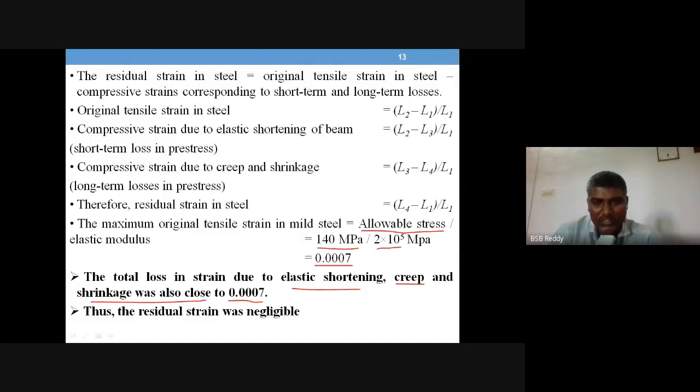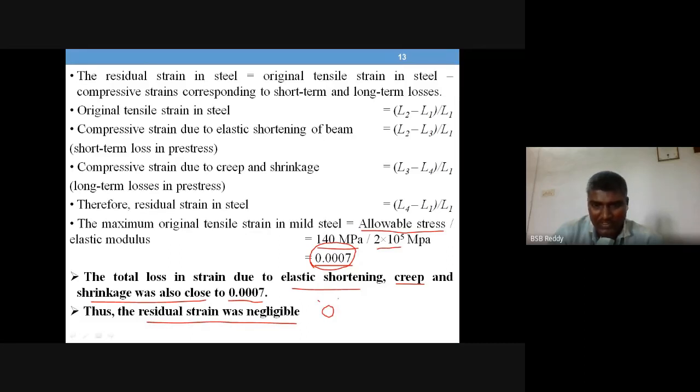Whatever you are stretching the steel bar, the value of strain that you are creating is lost because of these things: elastic shortening, creep, shrinkage. So whatever is induced is completely lost. So residual is almost zero.